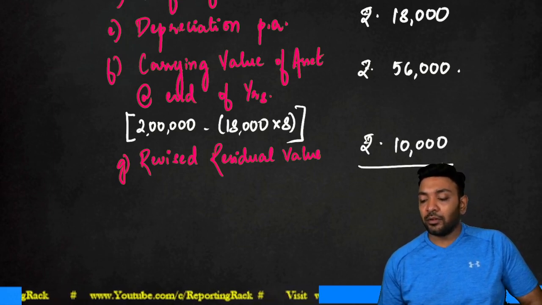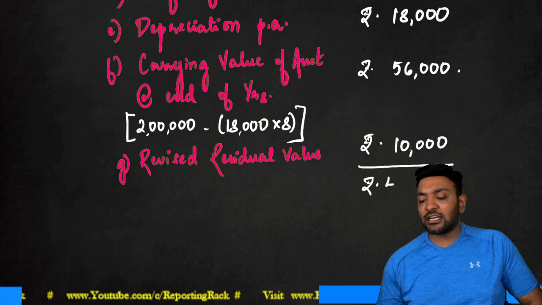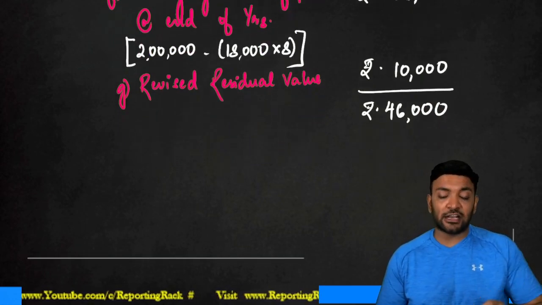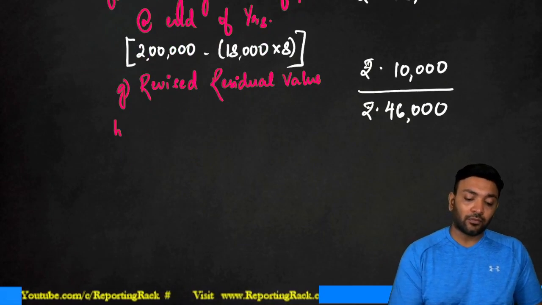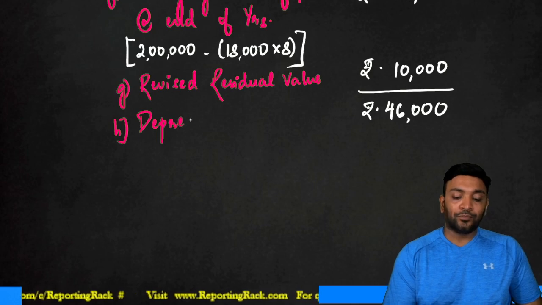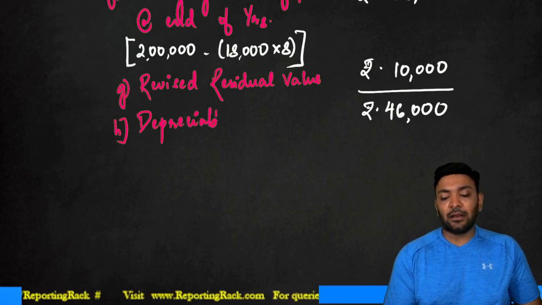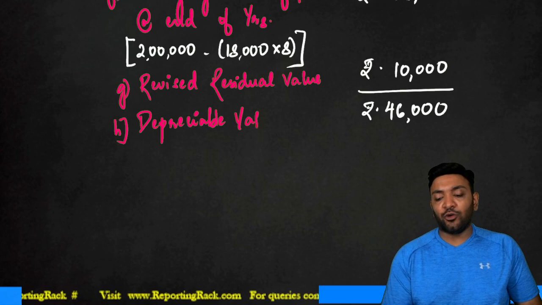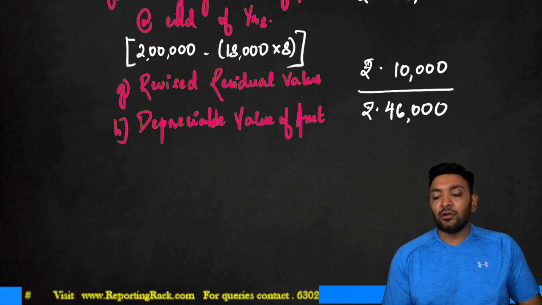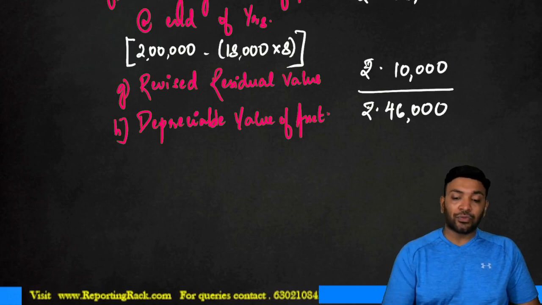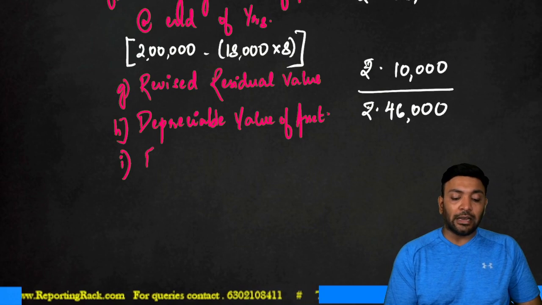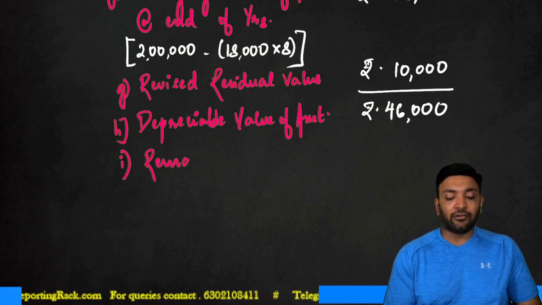Therefore, 46,000 should be considered as my depreciable value of asset. What is the remaining useful life?